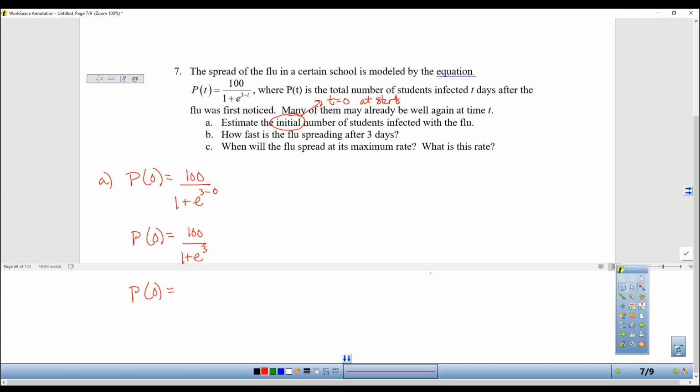There is an e button on your calculator to the third. I get 4.74. This is talking about number of students, so approximately 5 students. That's part A, the initial number. So pretty much there was 5 students infected with the flu, and it's going to spread according to this model.